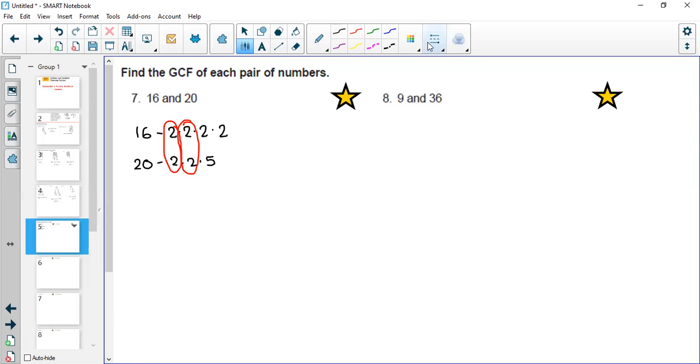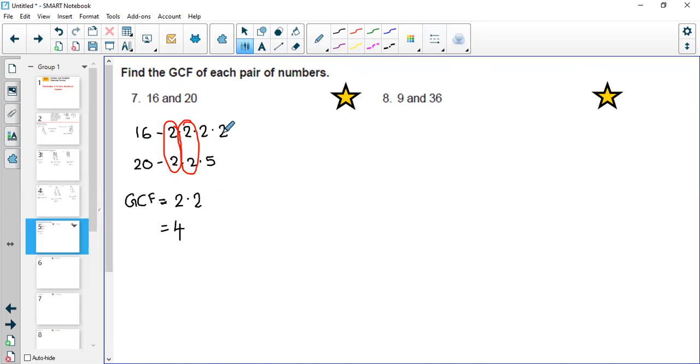So finally you need to say the GCF is going to be, you will choose 2 from here and another 2 from this factor pair, so that's going to give you 4. So the greatest common factor for 16 and 20 is going to be 4. It is as simple as that.